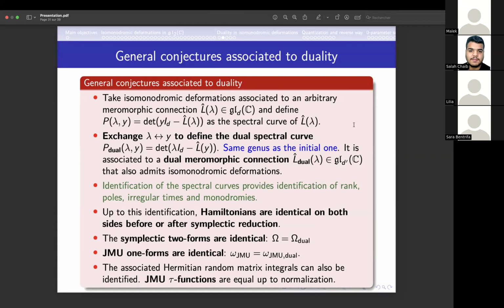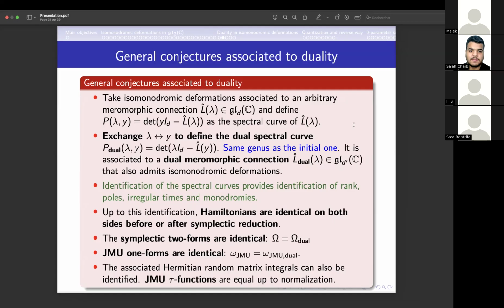So you have seen in my talk one concept that I used: the spectral curve defined by the determinant of y minus L of lambda, the characteristic polynomial, where L of lambda is a connection or a Lax matrix. If you define the spectral curve, and then you take these two coordinates, lambda and y, that define the spectral curve completely, and you swap one with the other, you get another spectral curve.